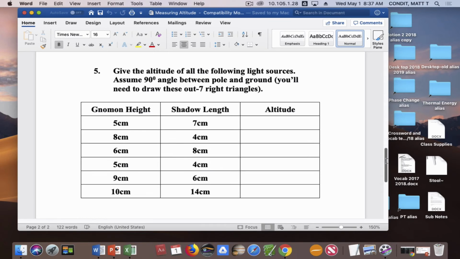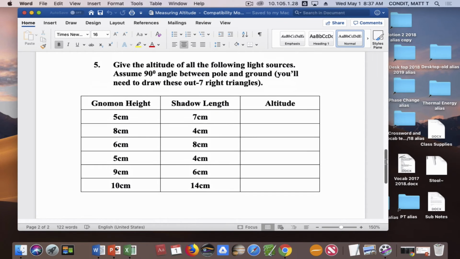On all of these, you will need to draw out triangles. Here you're going to have to draw out 7 of them. You cannot find the altitude of a light source without drawing the triangle and without using a protractor.